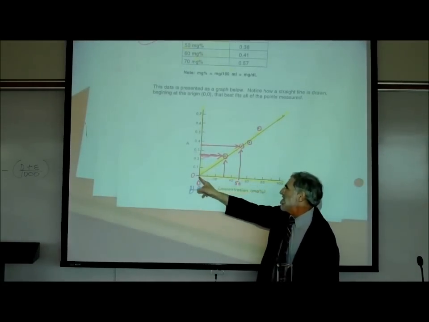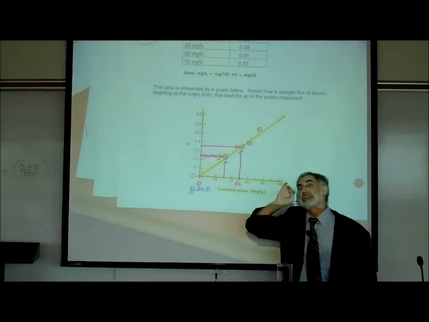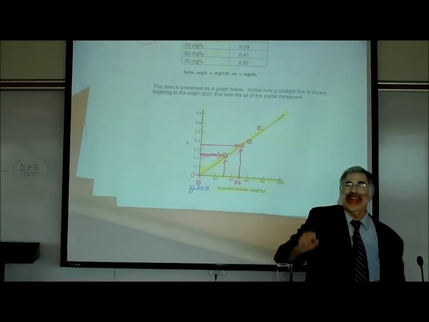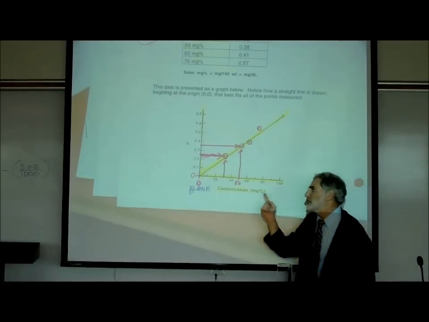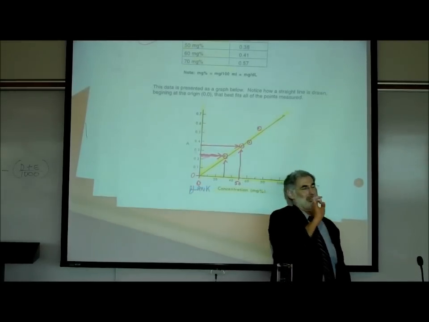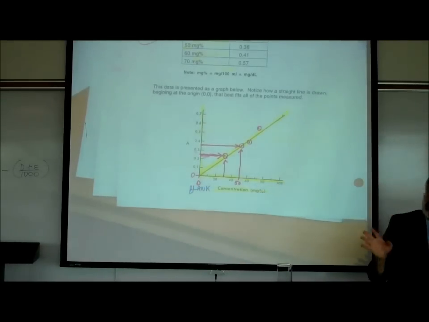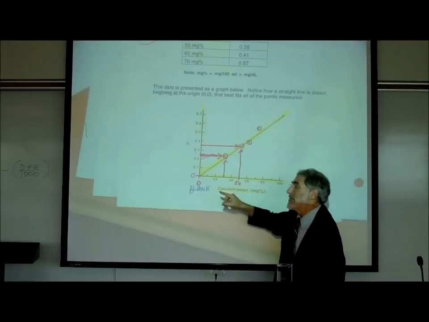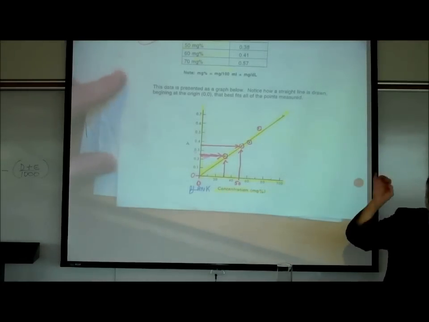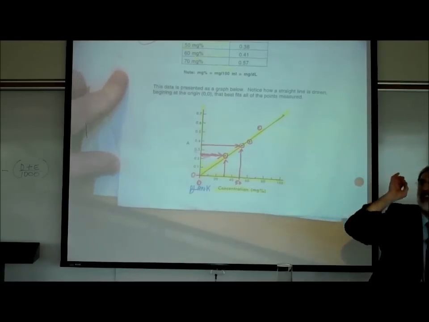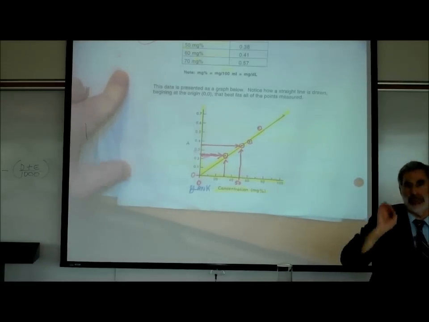And when we have plain water, there is zero amount of light that's absorbed. We actually zero the machine out to ensure that when we're just using the so-called blank, which is usually just water, the main point of what a blank is, is a solution with zero amount of the chemical we're trying to determine.